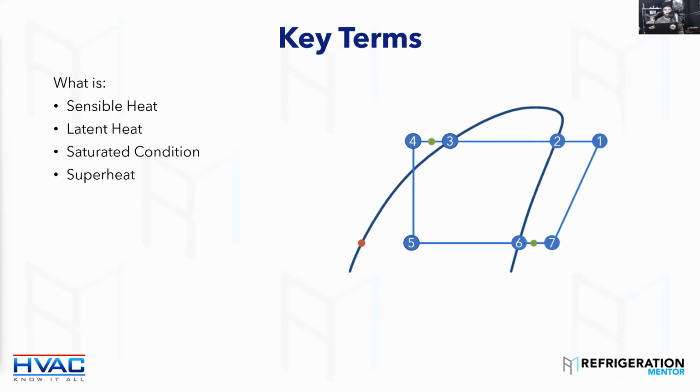And remember, it's not just pipe. Superheat can exist with anything. It can exist with water. So it's basically anything above saturation. Superheat can exist not just in refrigeration and air conditioning, it can exist in other realms of science as well, so just keep that in mind. Anything above saturation.